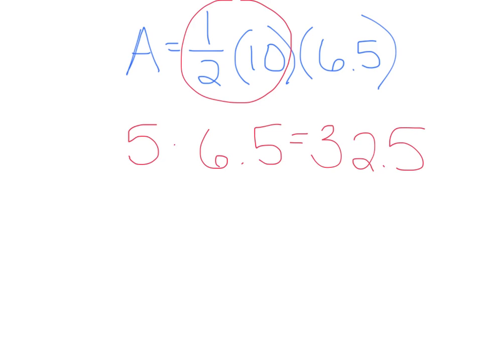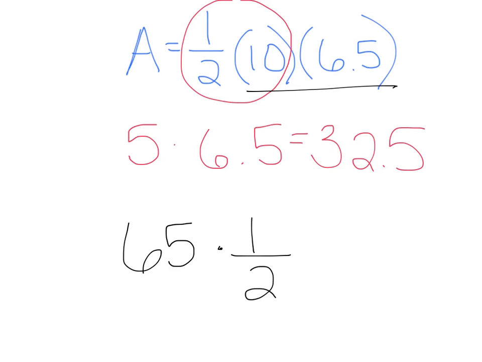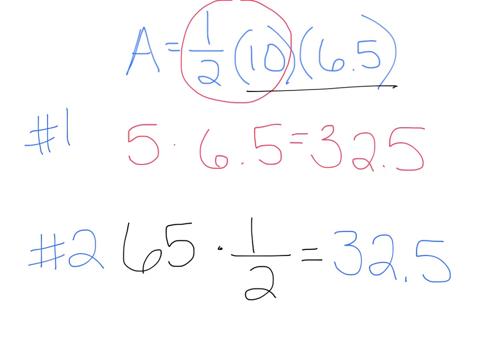Or you could multiply the 10 and the 6.5 first, which would get you 65, and then you multiply by 1/2. Multiplying by 1/2 is the same thing as dividing by 2. So if you divide that by 2, you get 32.5. So there's two different ways, the first way and the second way, both of which will get you the same answer.